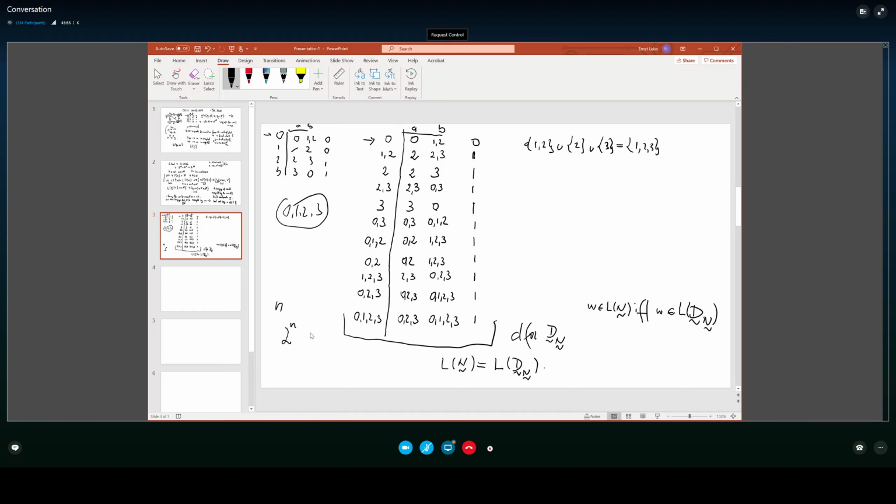So you may have a non-deterministic finite automaton with 10 states, which looks quite manageable, and the corresponding deterministic finite automaton may have as many as 2 to the 10 states.